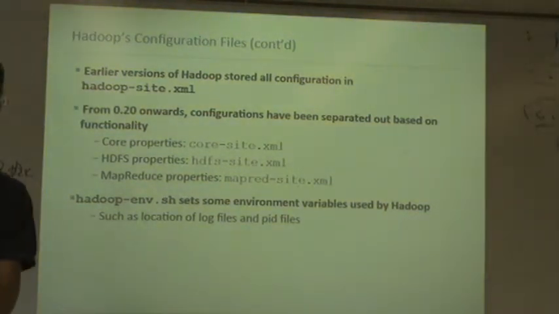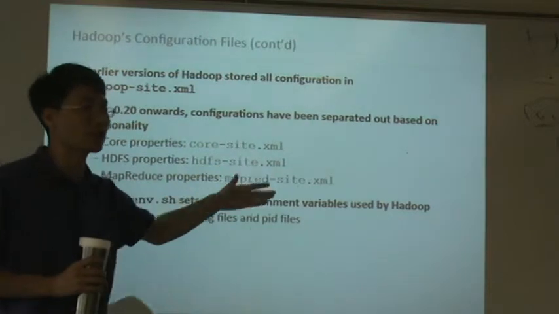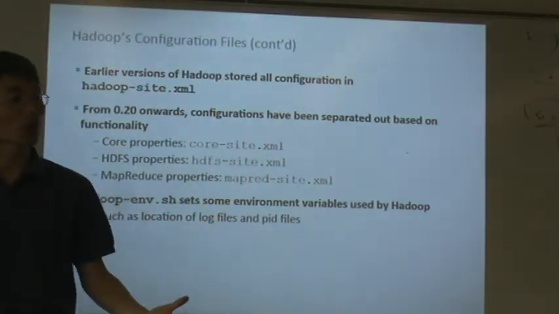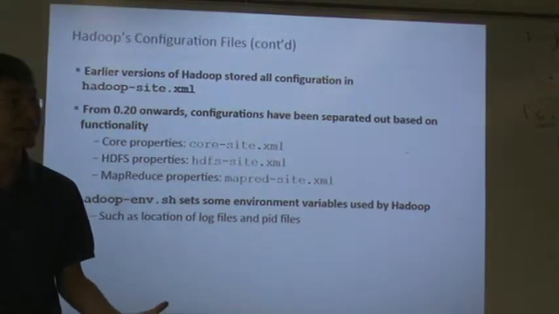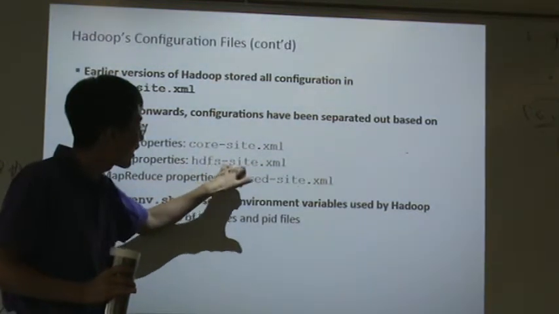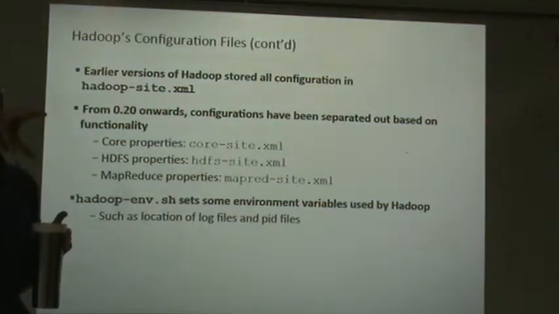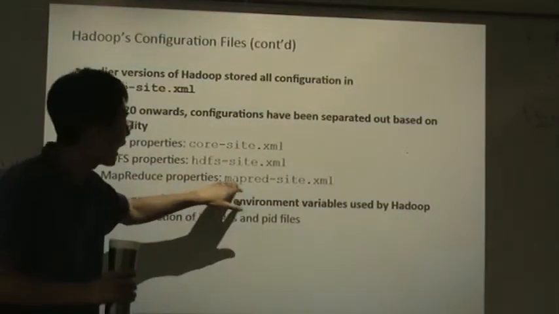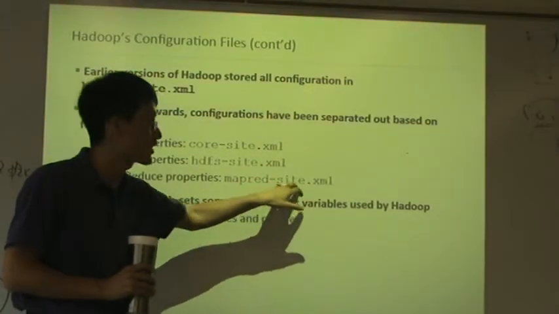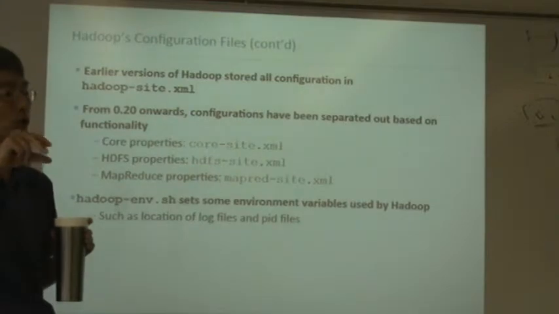Then configuration. There are 3 configuration files in Hadoop. One is core-site. Core-site is the overall configuration of the Hadoop system. And hdfs-site.xml is focusing on only HDFS, while mapred-site.xml is focusing on MapReduce configuration.